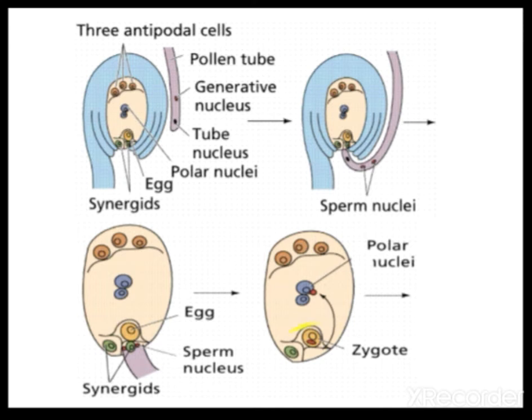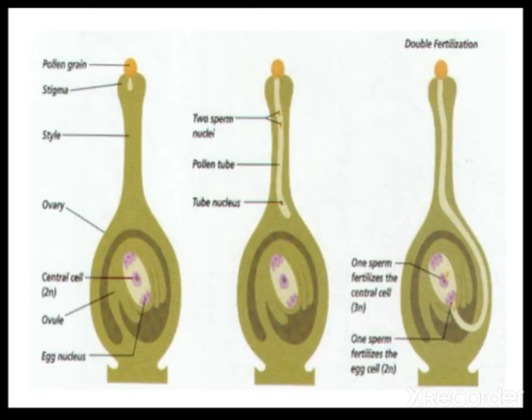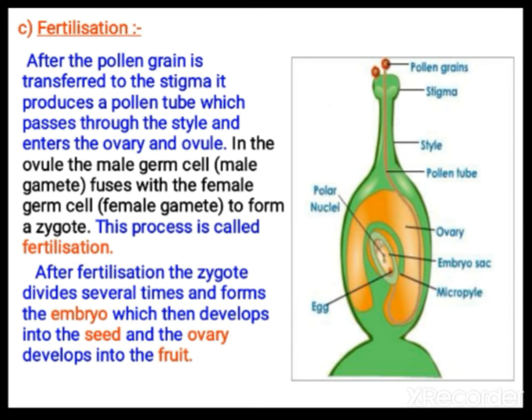One, by syngamy, forms the zygote, and by means of triple fusion, already two cells are there, and the third cell also fuses. Together syngamy and triple fusion you call double fertilization in plants. This type of fertilization in plants you call double fertilization.